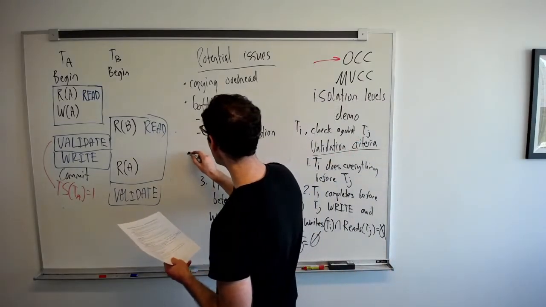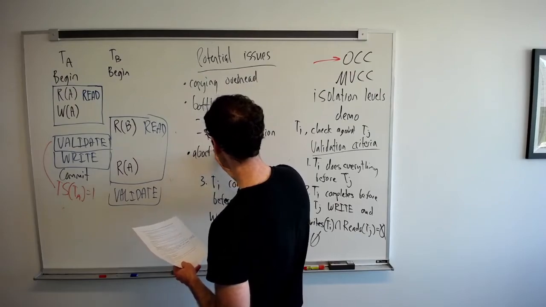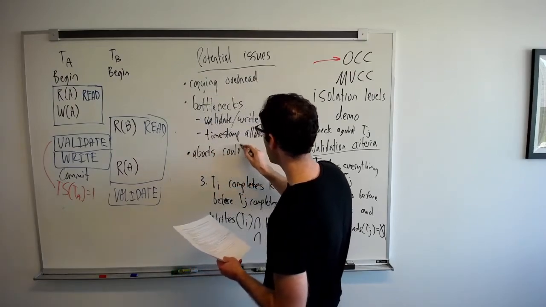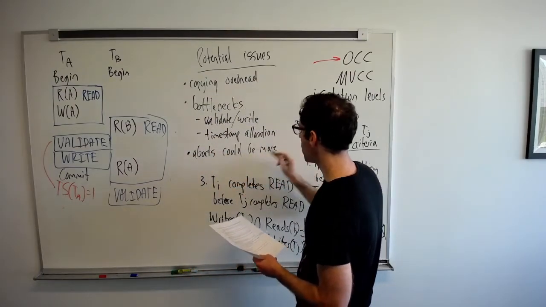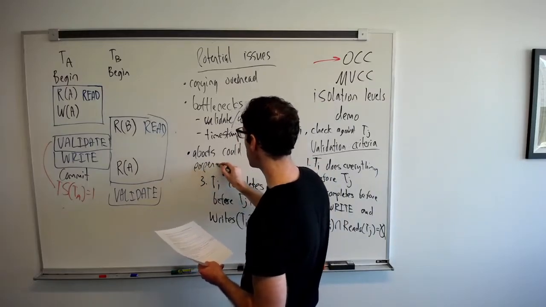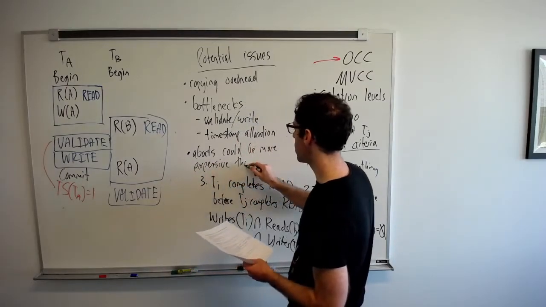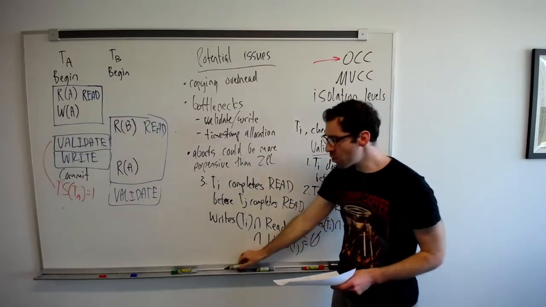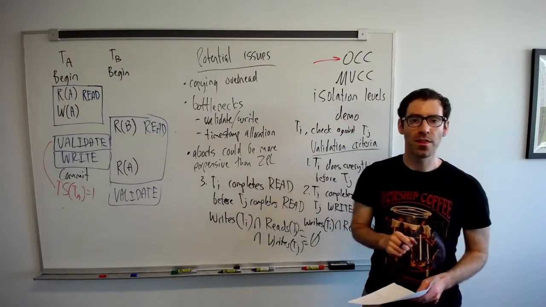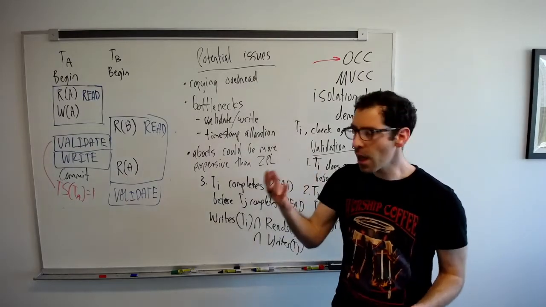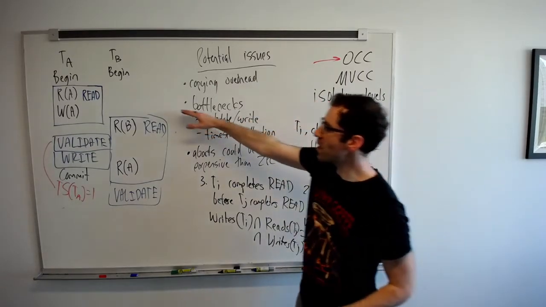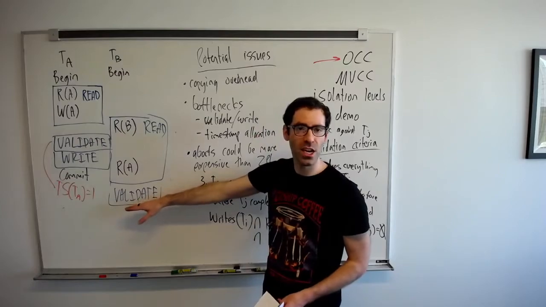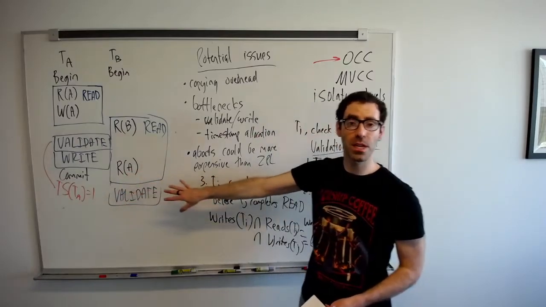It's also the case that our aborts could be more expensive than in two-phase locking, because it's not until we get all the way through our transaction that we go to validate and then potentially abort.